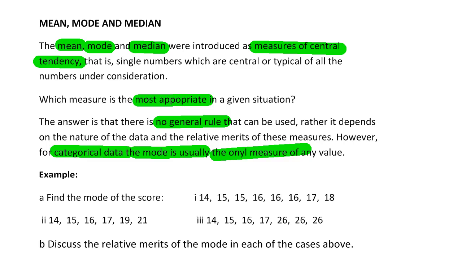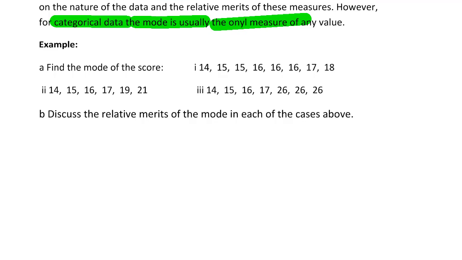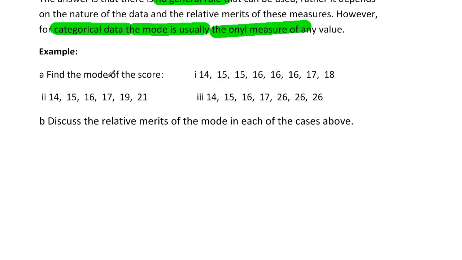So let's have a look at some of the answers that we've got for the questions that you'll come across. Now in this one, it just has a quick look at review. It says find the mode of the score. If we have a look at these ones, you'll find that in number 1, the mode is 16.